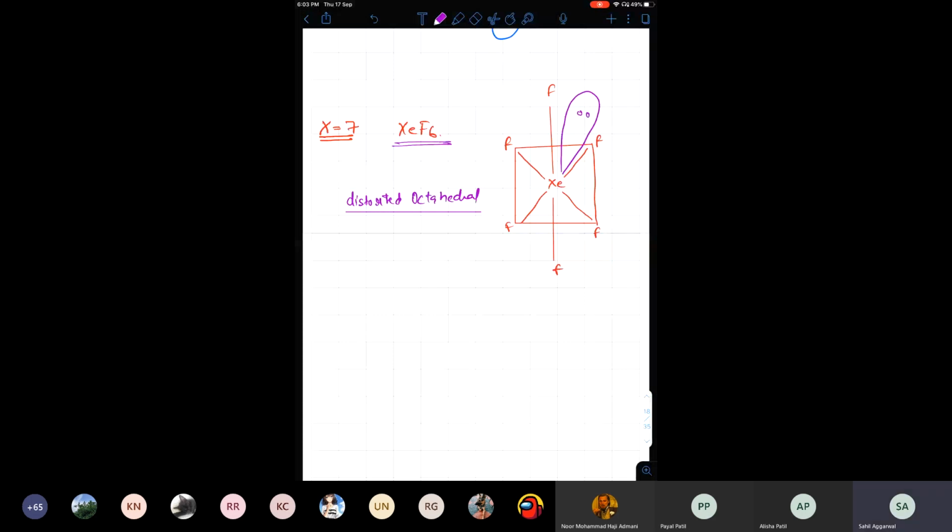I have said for XeF6, you will get x equal to 7. When x equal to 7, we generally form pentagonal bipyramidal. But for this molecule, we have to form it similar to octahedral with a lone pair. Because of lone pair, there will be repulsion and bonds will get distorted.